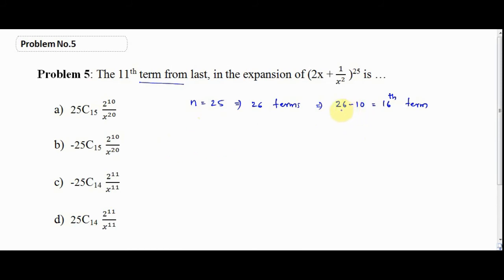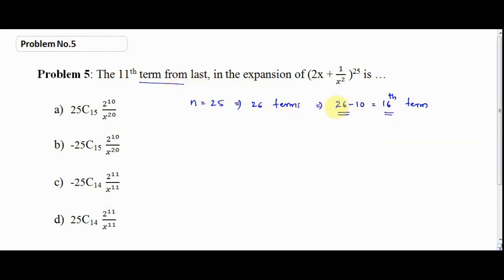Just eliminate 10 terms from 26, then the next term will be the 16th term, and that will be the 11th term from the last, that is the 26th term.